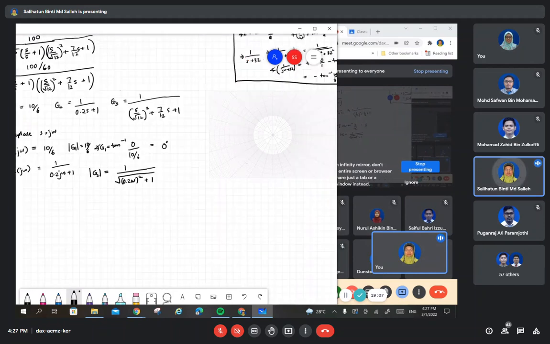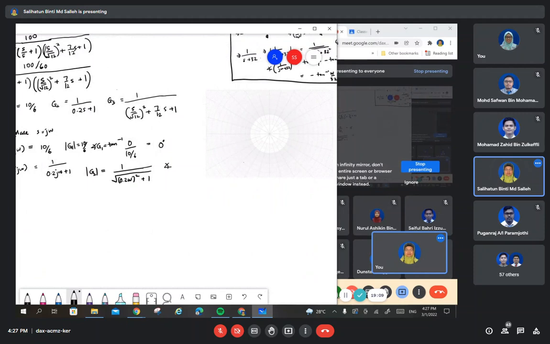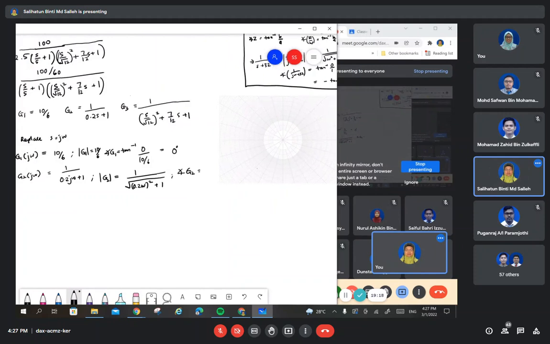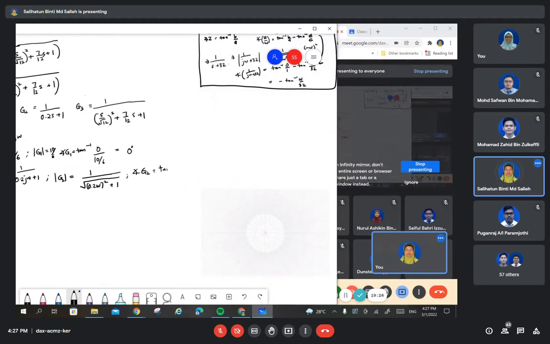Then we have the G2 phase. Arctangent of 0, so it's 0. 0 divided by 1, so it's 0.